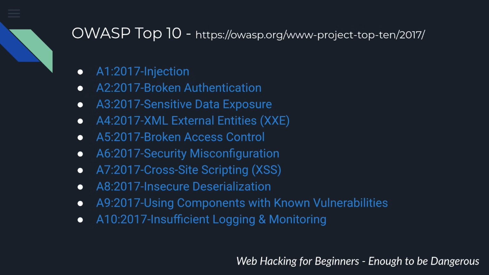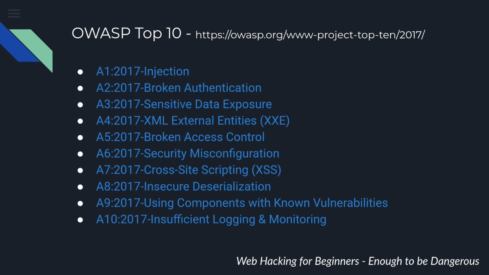So if we look at the 2017 list, this is what we're going to be focusing on for the next few lectures, as I actually start teaching you the vulnerabilities and how they work. The reason we're using the 2017 one is because, in my opinion, the 2021 version doesn't have a lot of good tangible vulnerabilities to work with.